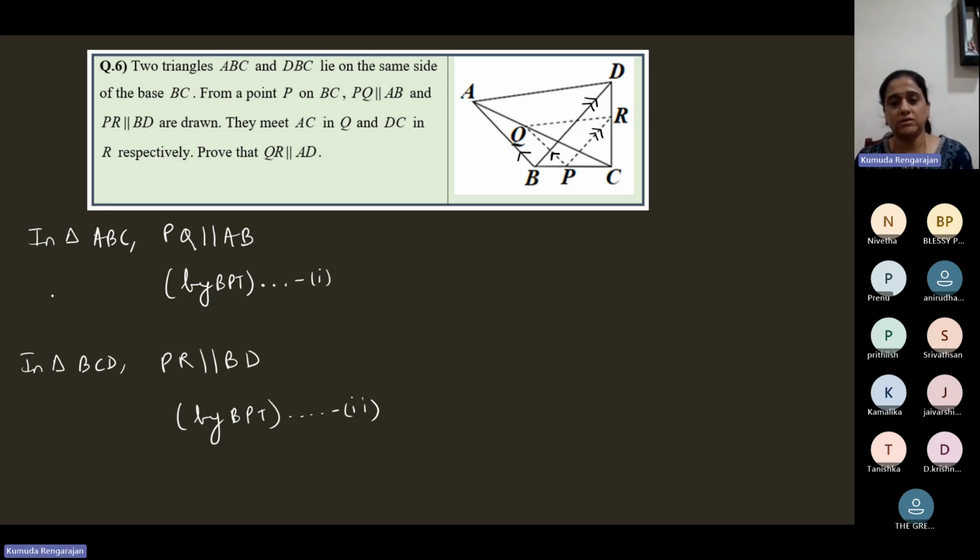PQ parallel to AB. What's the proportion, Bhavishya? PR by RC. Oh, you're saying for this one, I think, BCD. ABC triangle. AQ by QC equals BP by PC. Correct. Next one. PR by RC equals BP by RC. Yeah. So because BC is the common side, you must maintain the same ratio. If you write BP by PC, it's DR by RC.